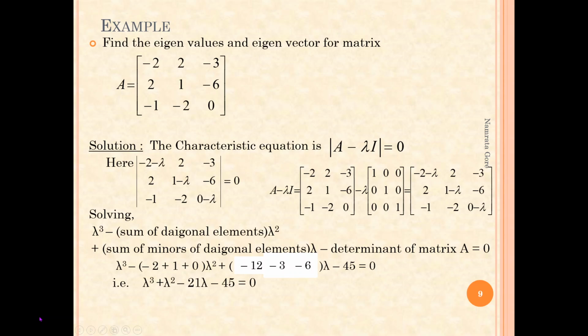In the next step, we'll solve it to get lambda cube plus lambda square minus 21 lambda minus 45 equal to 0. Again, this equation can be evaluated on a calculator so that you get the values of lambda as -3, -3, 5, and these values of lambda are the roots of the characteristic equation, that are the eigenvalues.